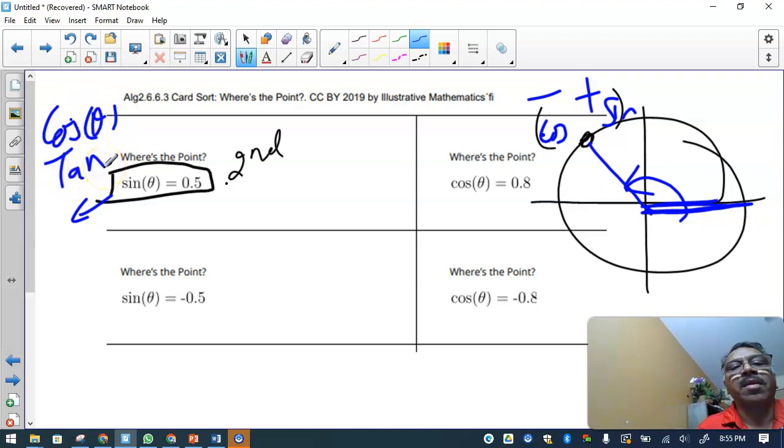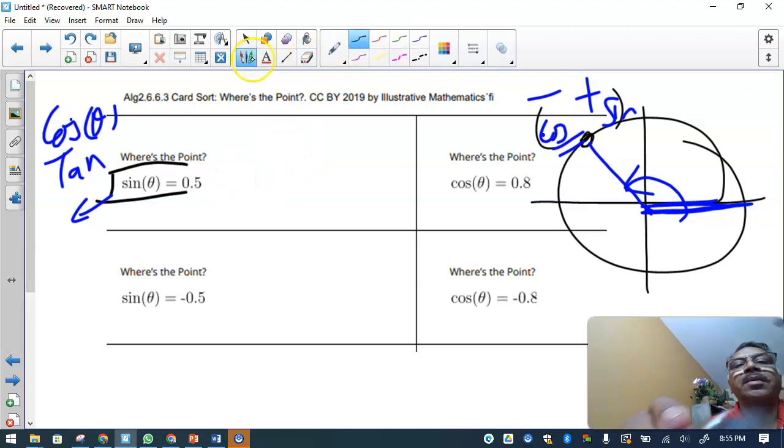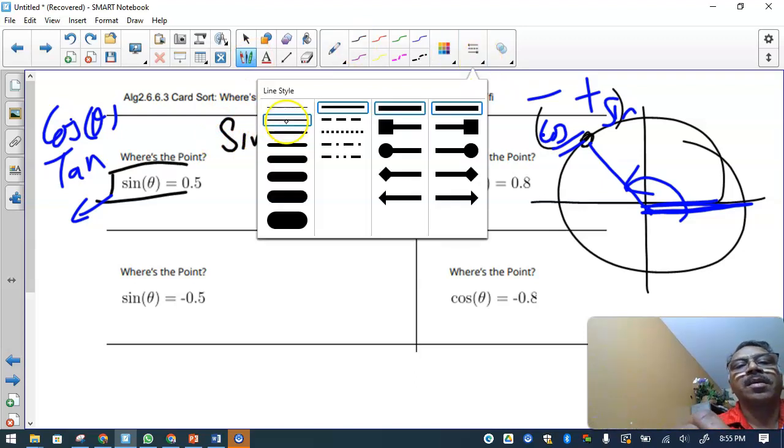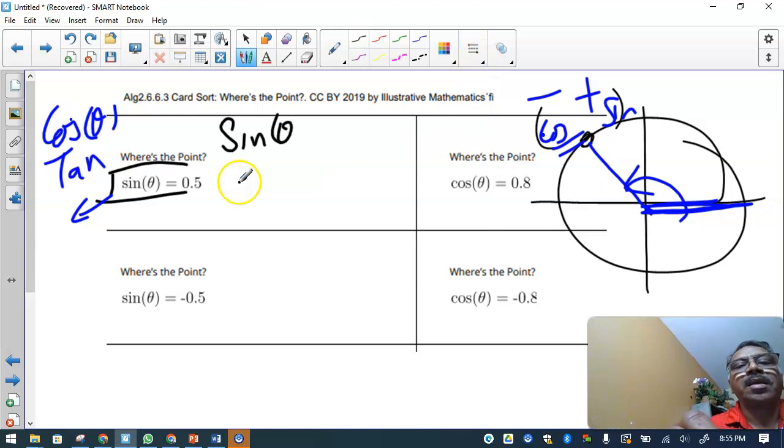In the second quadrant, all you do is use the Pythagorean identity. You write down sine squared theta plus cosine squared theta is 1.